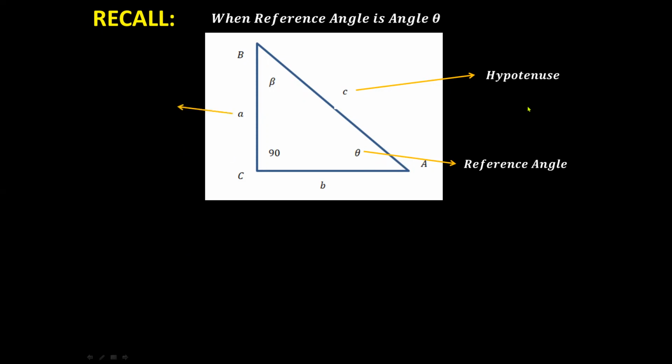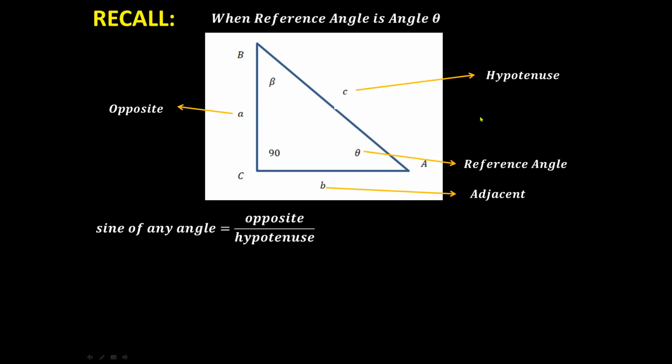And then ang side A, dahil yan ang kasalungat ng angle theta, definitely yan ang ating opposite. And then the last side is our adjacent. So na-define na natin ang bawat side, kung ano ang function ng bawat side, dahil nakadepende yan kung ano yung pinili nating reference angle. Wherein sa pagkakataong ito, ang pinili nating reference angle is the angle theta.